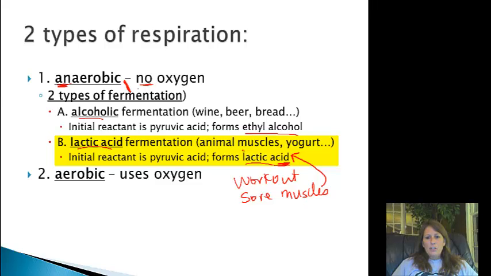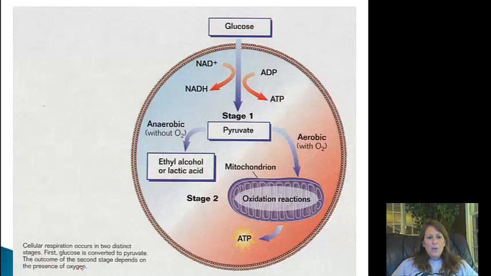Now, besides being found in your muscles, you can also find it in organisms like bacteria. You'll find lactic acid fermentation in our yogurt, and that's what gives it that bite to it, kind of a twang, if you want to say. Okay, now there's a lot of little notes in a lot of these diagrams. I'm not going to read them to you, but I am going to point out some key things. So here's glucose, and down here's my mitochondria.